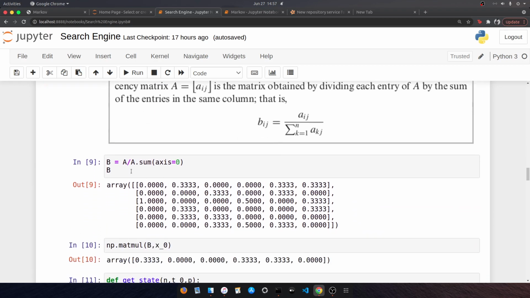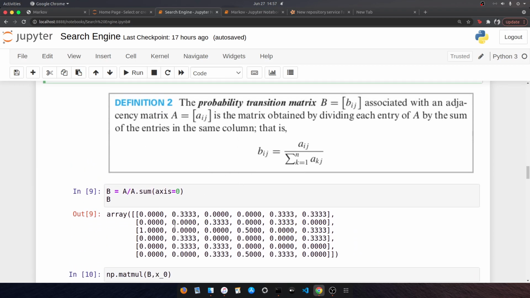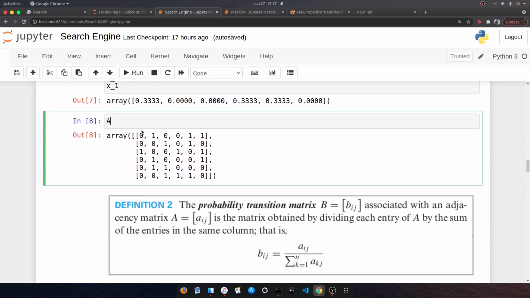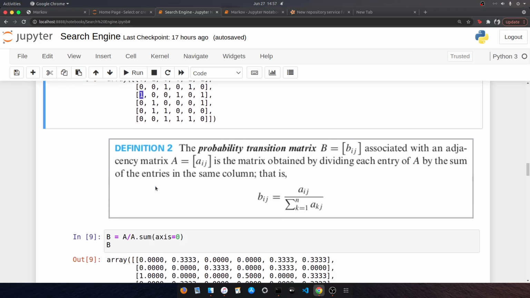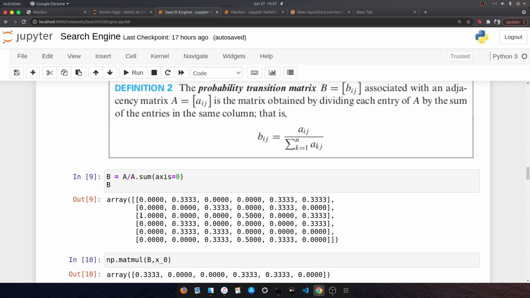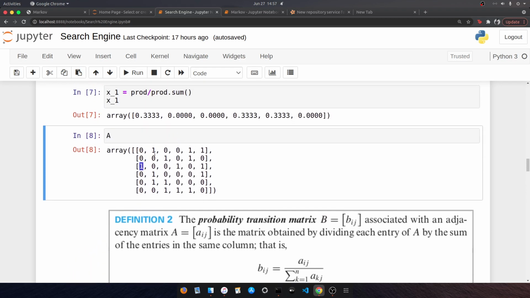So here is the probability transition matrix. Since in column 1 there is only one non-zero entry, we can see that it's still 1. But if we look at column 2, we have a 1 here, a 1 here, and a 1 here. The sum of this is 3. So basically we just multiply this column by the sum of this column.